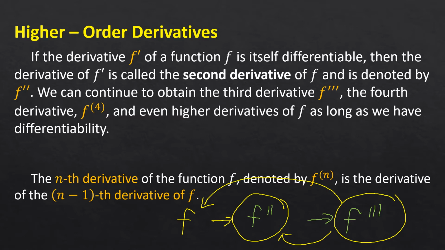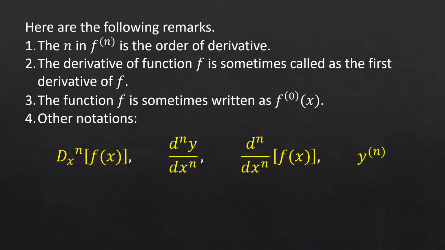So let's know more about this. So here are the following remarks. So ito ang mga dapat nating intindihin. Ang n dito is the order of derivatives. So kapag nakita mo ganyan, it means to say that it's the third derivative. If you see that way, it's the fifth derivative, okay? The derivative of function f is sometimes called the first derivative of f.